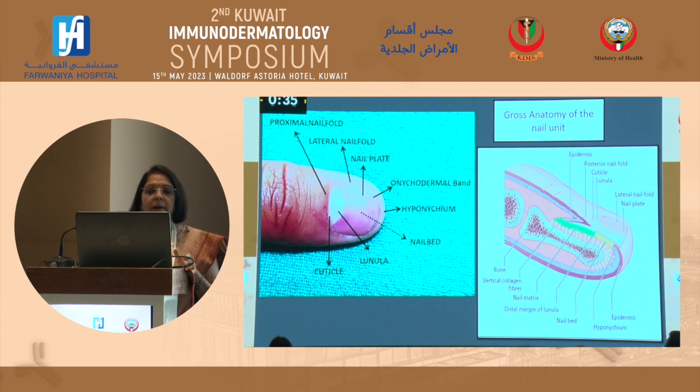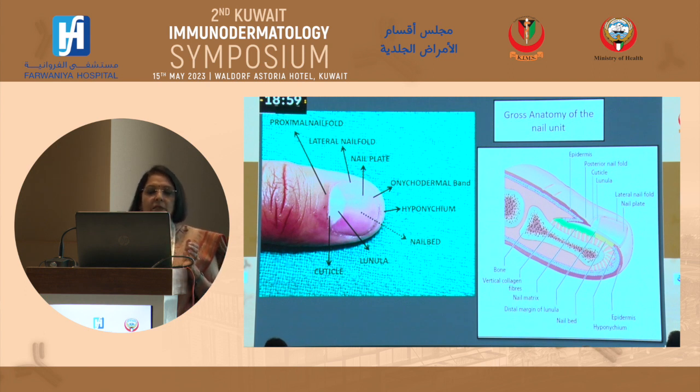This is the onychodermal band, which is a tightly adherent band and limits the boundaries of the nail bed, because beyond that there is the hyponychium, which has normal dermatoglyphics.